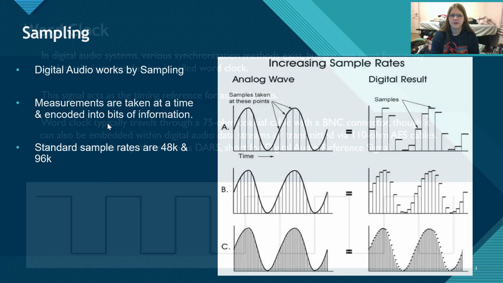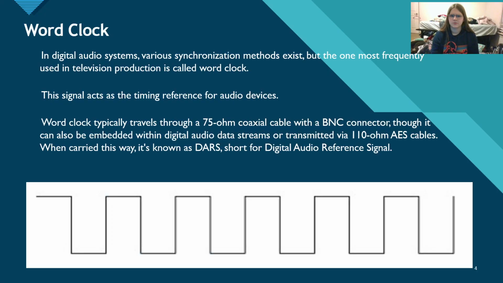So here's an example of a word clock signal, as well as some basic information on it. A word clock signal is just a square wave. It's a relatively simple signal, but it's really important because of its lack of ambiguity. It's a very clear signal.